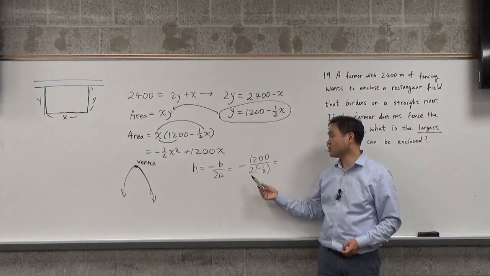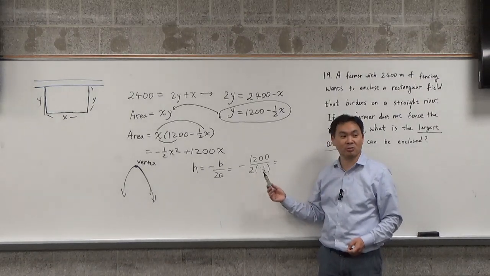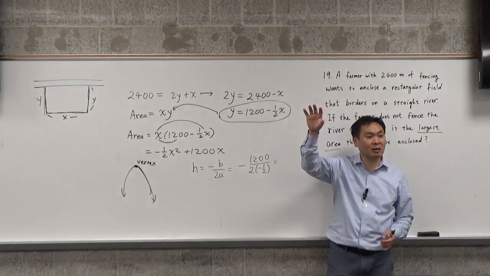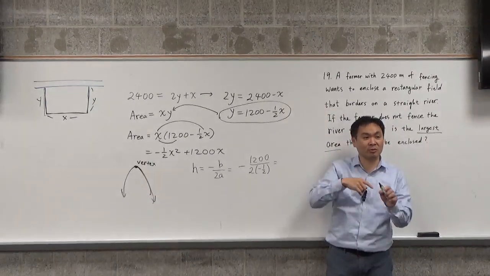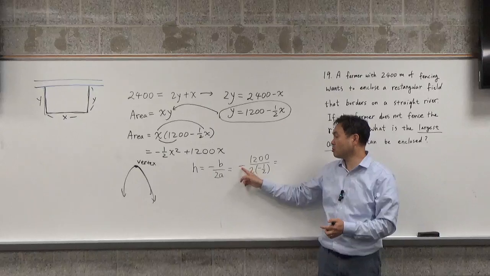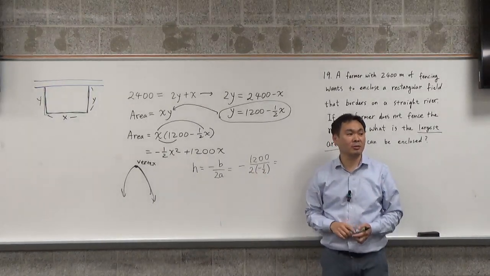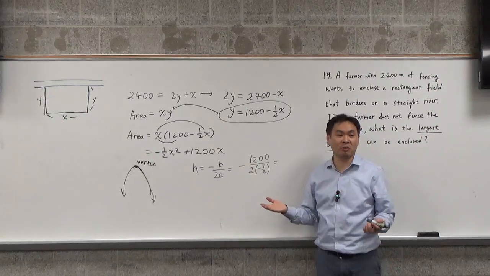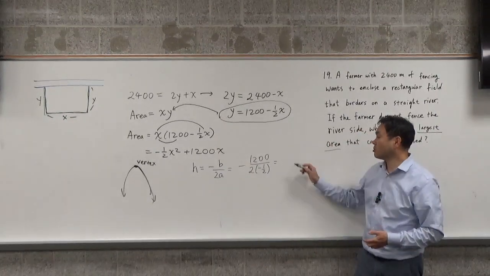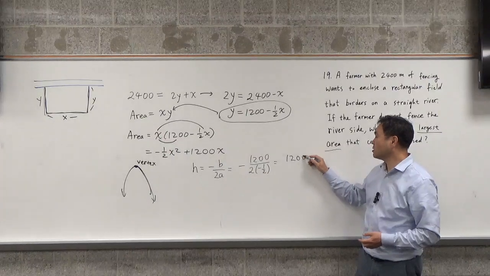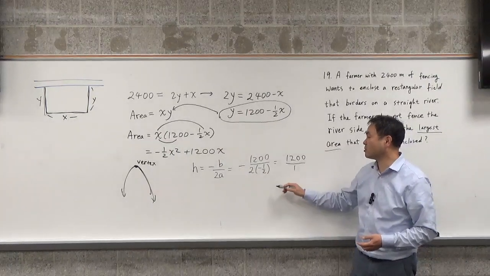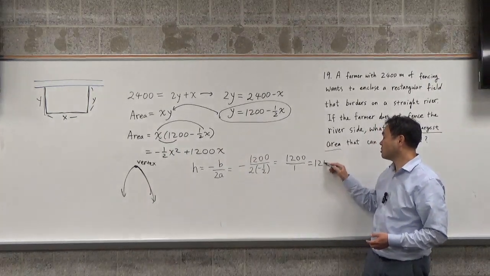It's positive because this minus and this minus cancel. If you have some number on top, some number on the bottom, they cancel, right? Yeah. So these two minuses cancel each other. What's 2 times 1/2? If you multiply any number by its reciprocal, you get 1. So you end up with 1200 divided by 1, which is just 1200.